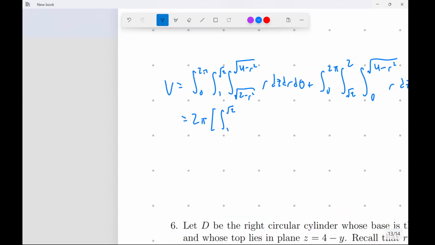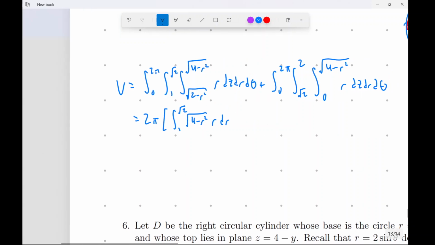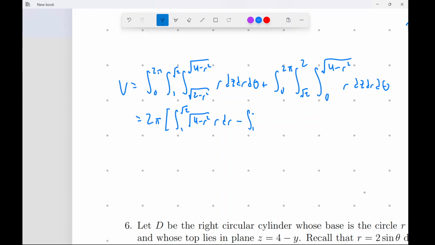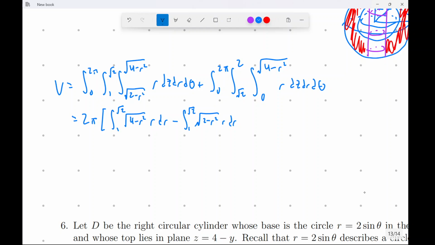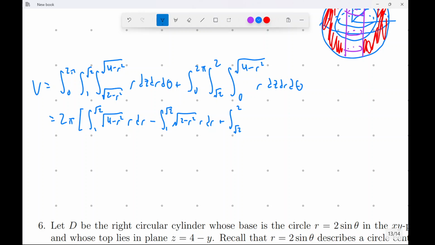And now I have to do the z integrals, which are also easy because the integrand is constant with respect to z. And then we'll see here why I did that integral on the side. So that minus 2 minus r squared r dr plus integral from root 2 to 2 of r times the square root of 4 minus r squared dr. Okay.